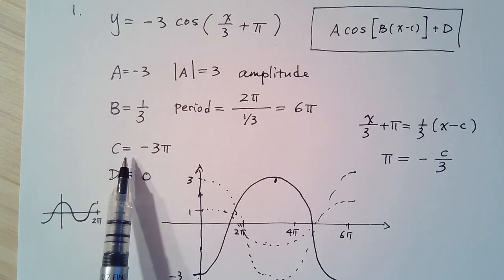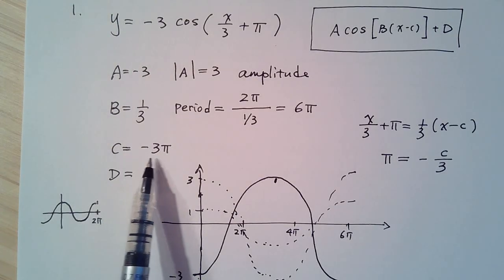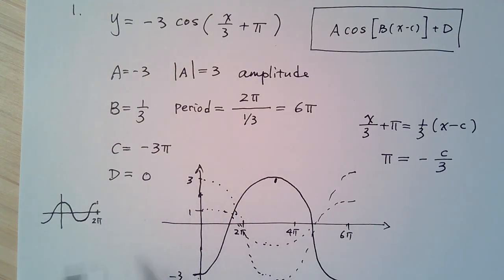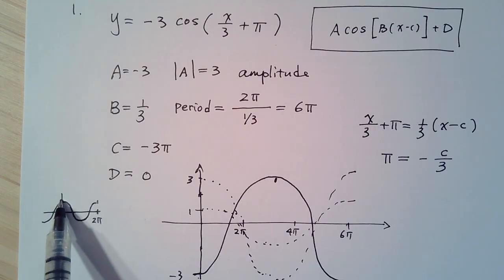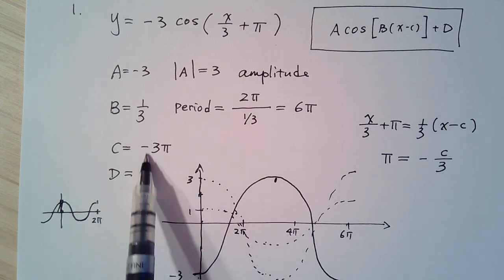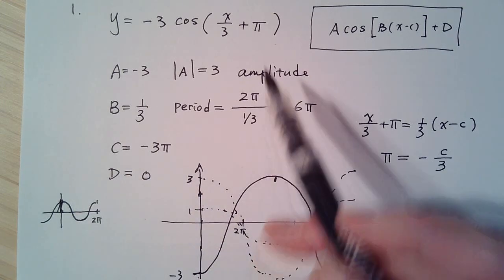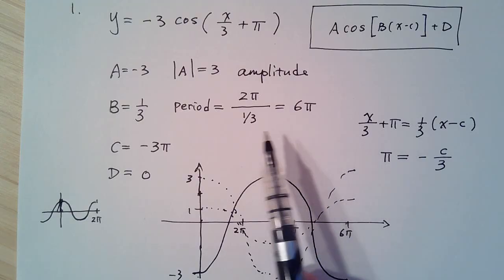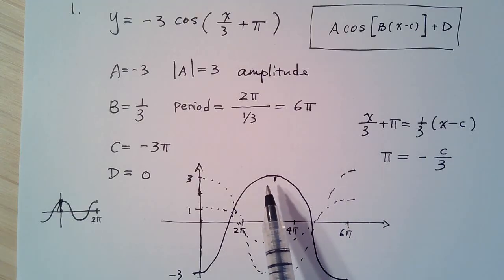Now I need to talk about this x equals -3 pi. So this is the function starting from a 0 top, which is here. And if you have a -3, you see here, oh, I didn't write that in the good form.